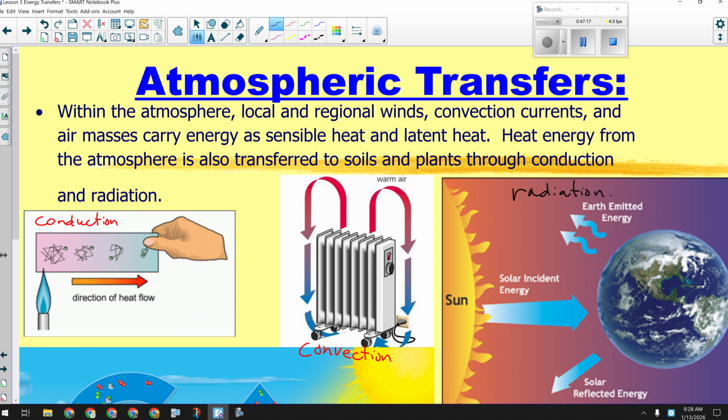Conduction is heat transfer in solids. So conduction only happens in solids, and it is caused by the direct collision of particles.